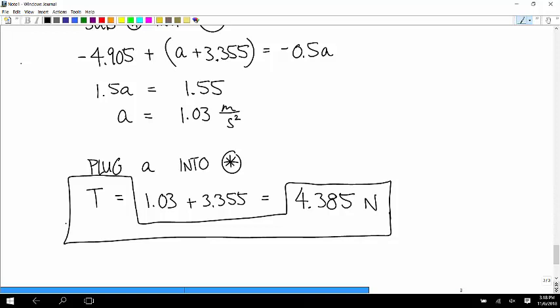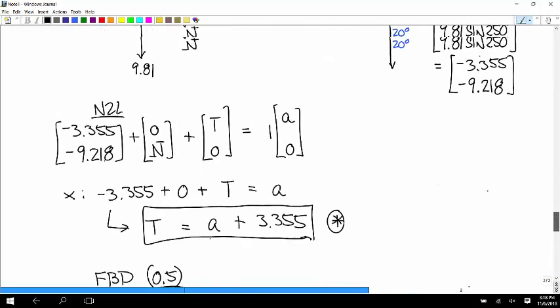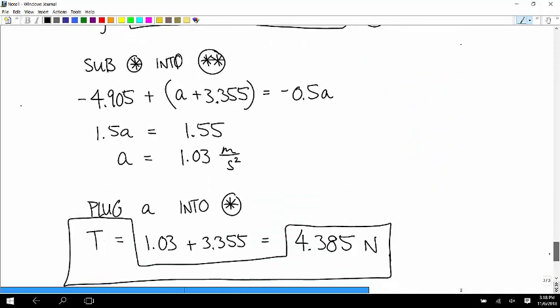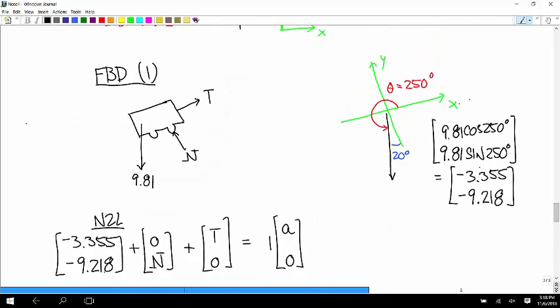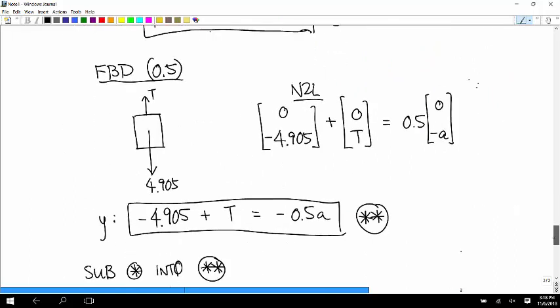That's T. Oh, so the acceleration, plug that into the acceleration vector for the 1 kilogram one here.